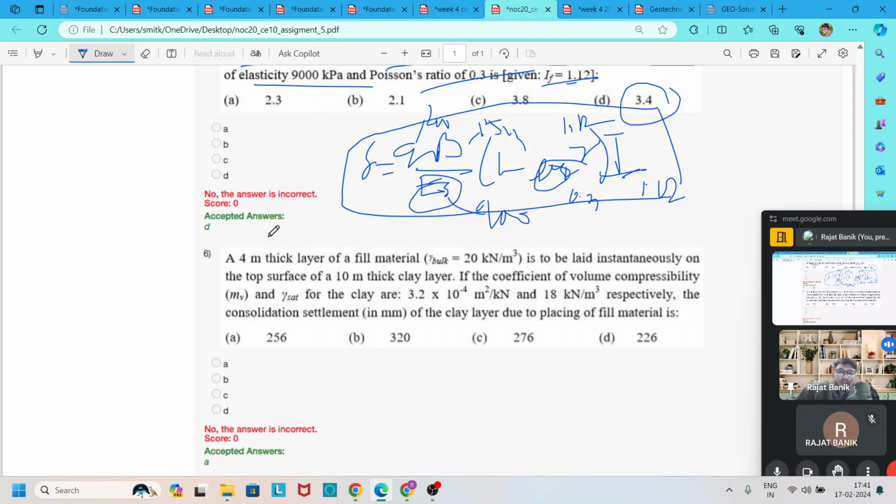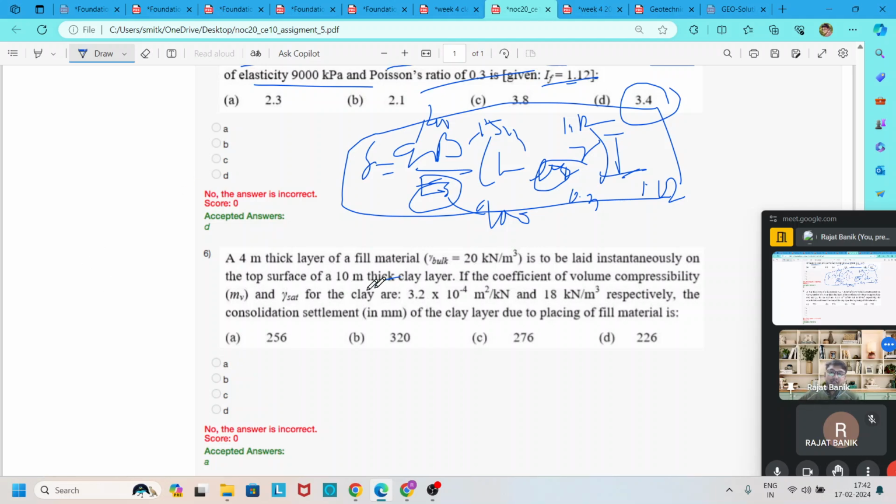The coefficient of volume compressibility mv and gamma saturated for the clay are given as 3.2 into 10 to the minus 4 meter square per kilonewton and 18 kilonewton per meter cube respectively. We have to find the consolidation settlement in mm for the clay layer due to the placing of the fill material.